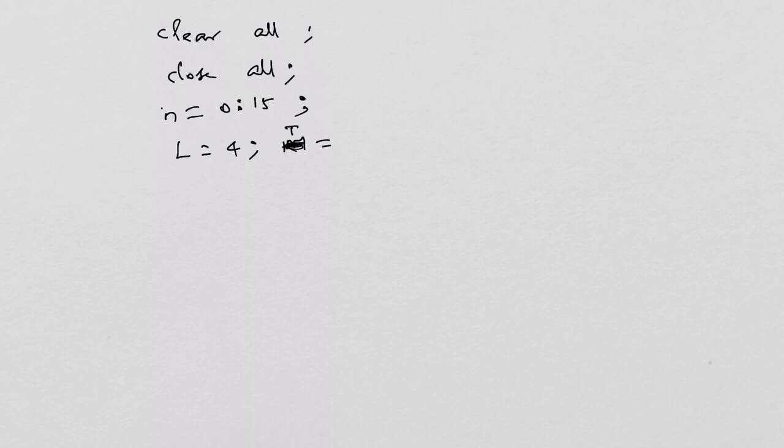Let me call I is equal to 3. Okay. L can even be replaced by D by I. Except I by D or D by I. You can just go for I by D, whatever it may be.